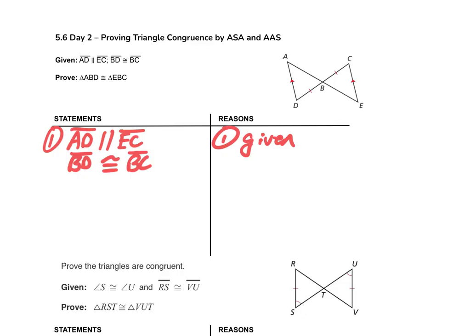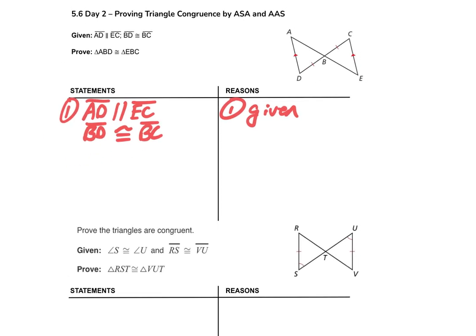If it's not already marked, you would want to mark it at this point too, but both of these are already marked. These two are congruent, these two are parallel, and we just put an arrow on it, okay? So if it's not already marked, we've got to mark it. Okay, we've seen triangles like this today already.